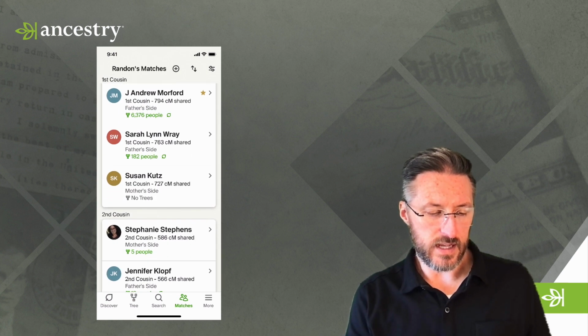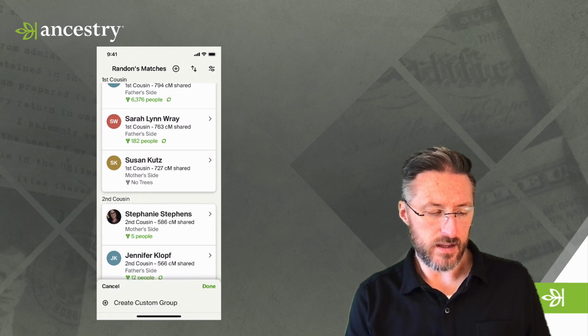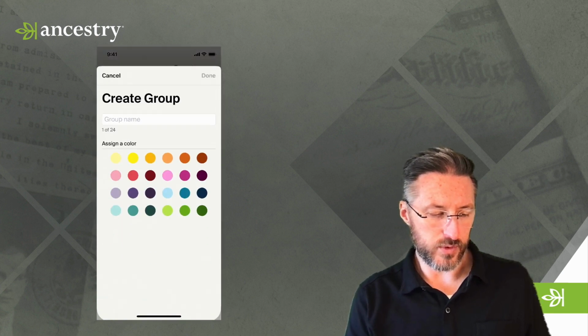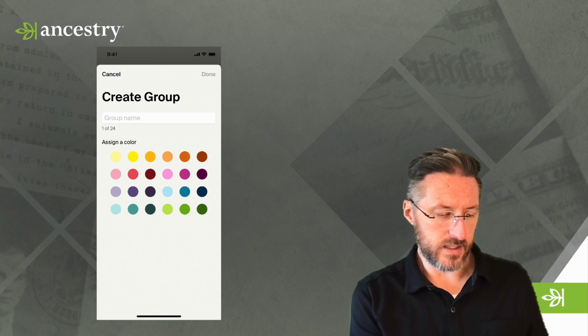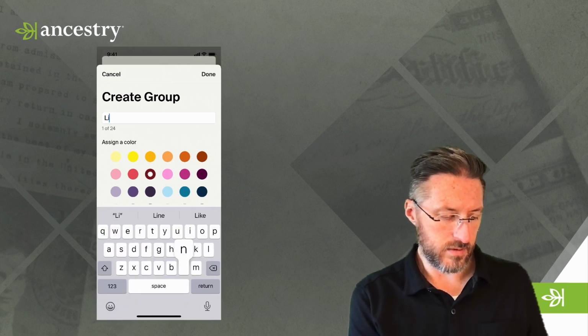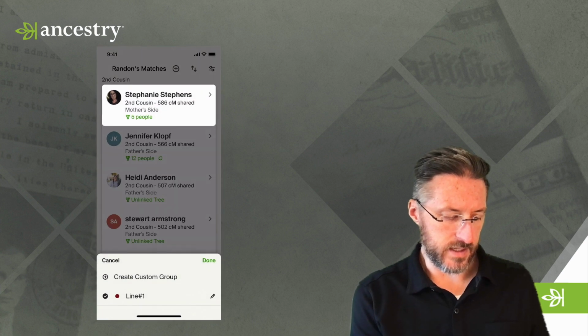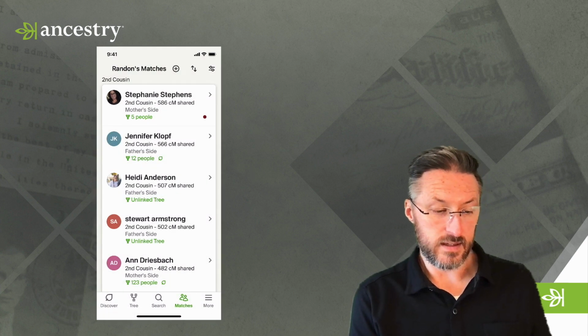There's Stephanie, and I'm going to swipe and add a group. It's a custom group. I'll pick this nice burgundy color, and we'll call this line 1. Say done. And now she has that color for this group.